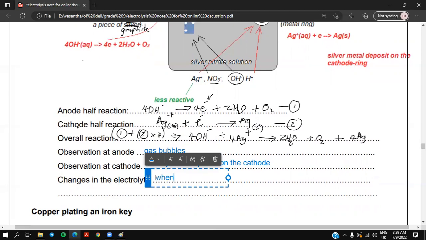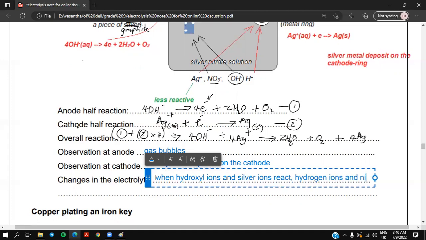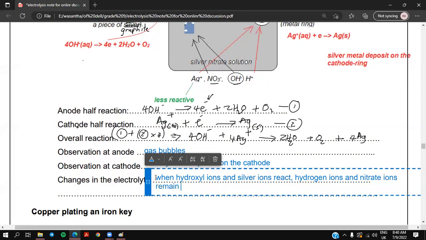You can write when hydroxyl ions and silver ions react, hydrogen ions and nitrate ions remain in the solution.